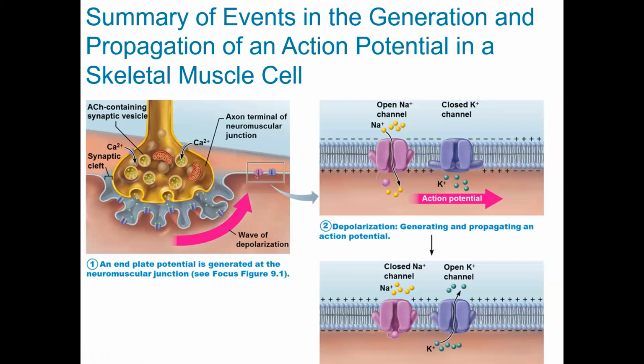And as one sodium gate opens up and causes a depolarization event, that will change the charge in the gate next to it, and it will open up and allow sodium to come in, and the next one will open up and allow sodium to come in, and the next one after that will allow sodium to come in, and we will see an overall change in the charge of the cell membrane from -90 all the way up to +30.